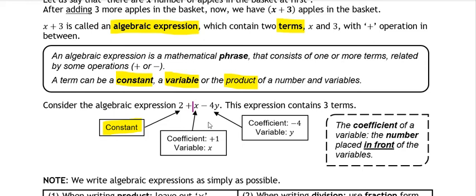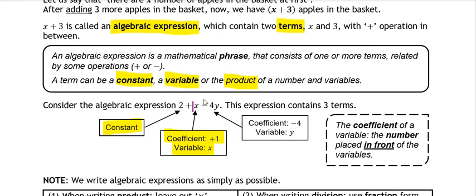So in that term, we have the coefficient. The coefficient is basically just the number placed in front of the variable. So here, in front of the variable x, we have a coefficient of 1. Okay, so that's one example. And then the third term here, we have negative 4y.